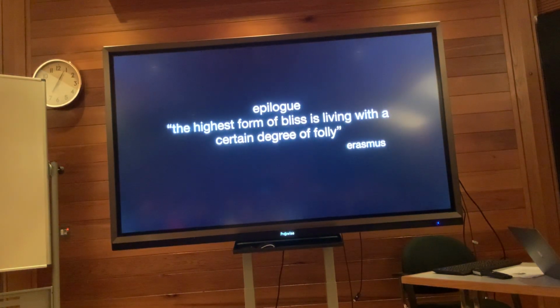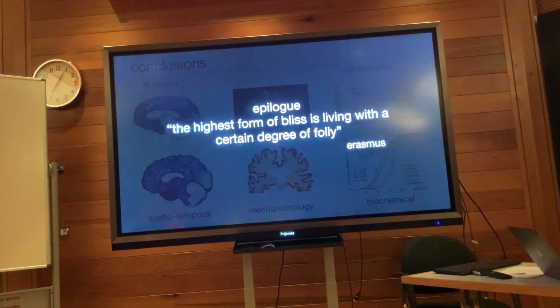The highest form of bliss is living with a certain degree of folly. I think you have to be a little bit like that if you want to start applying ideas from mathematics to these problems. Every description of them says these are impossible because they're so complex. And the folly is to attempt to extract the simplicity of this process in order to understand general characteristics.